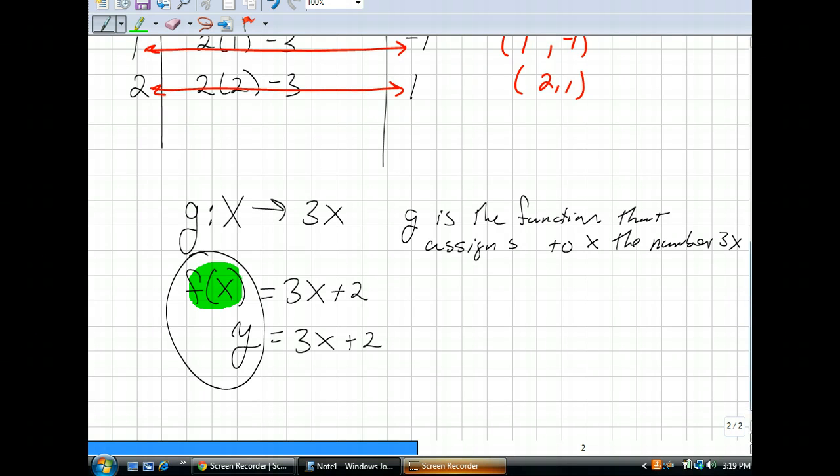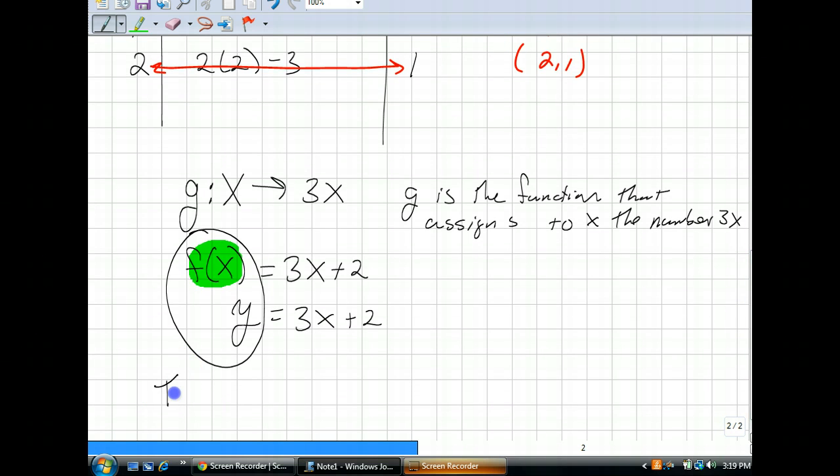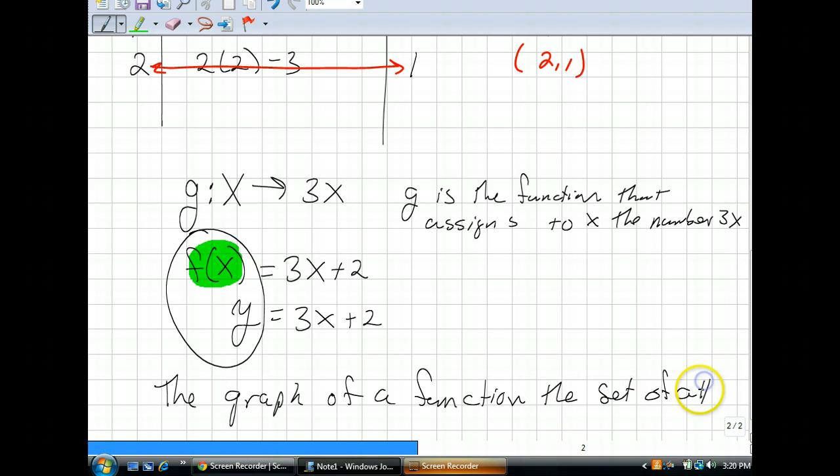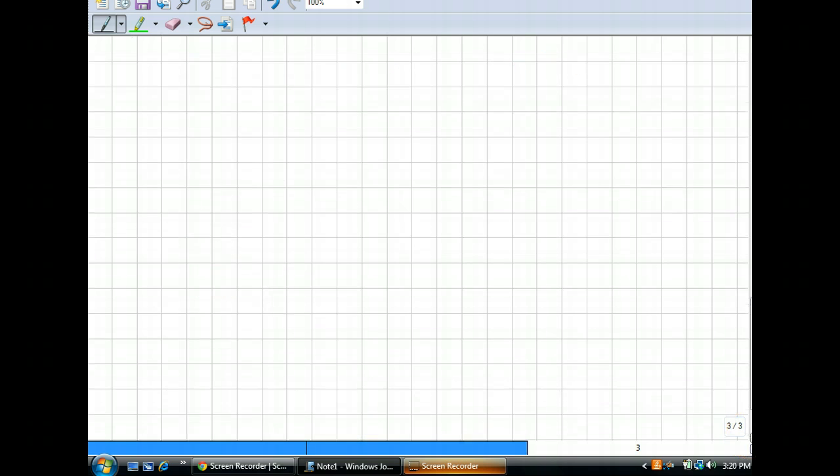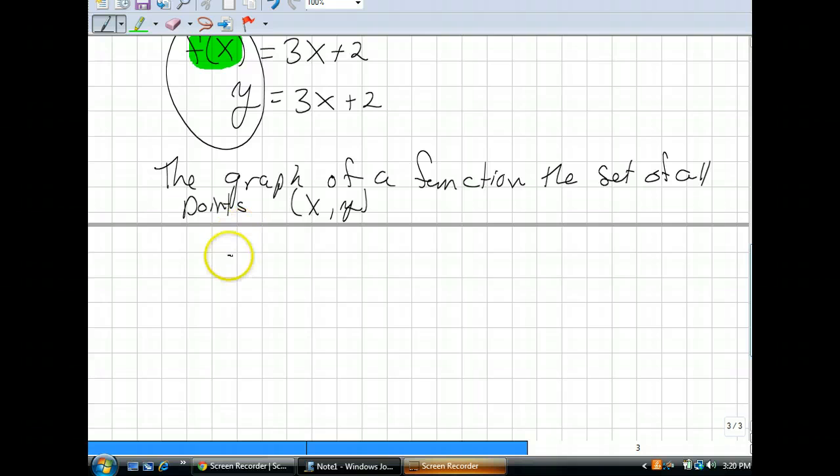So the graph of a function is the set of all points x, y, okay? Where, as I said before, x represents the domain values.